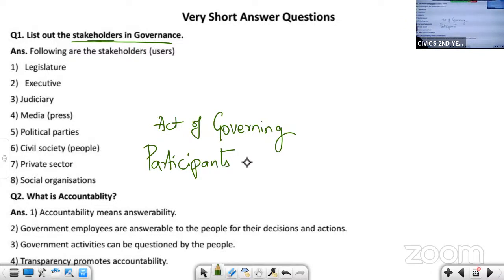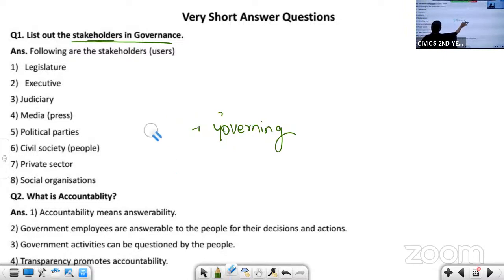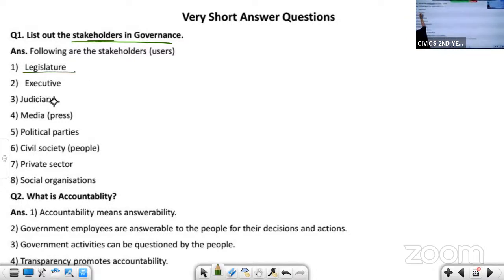No. Let us see the stakeholders or participants in governing. We have a list of it. Legislature, executive, judiciary, that is government. Then media, press, print and electronic media, newspapers, news channels, they are also participants in governance.